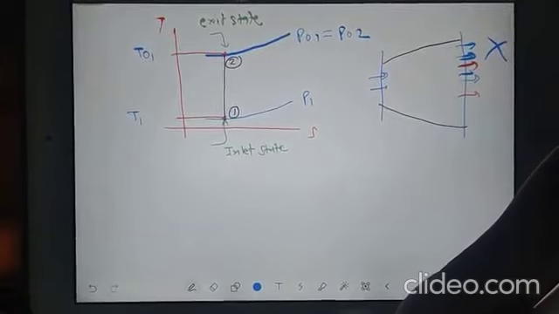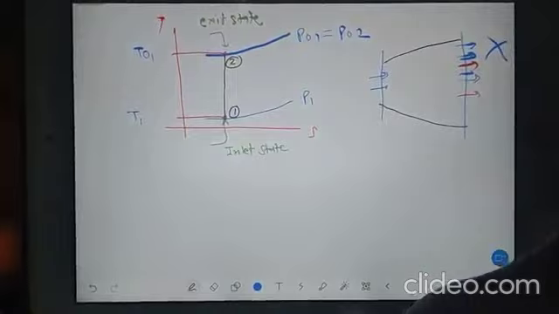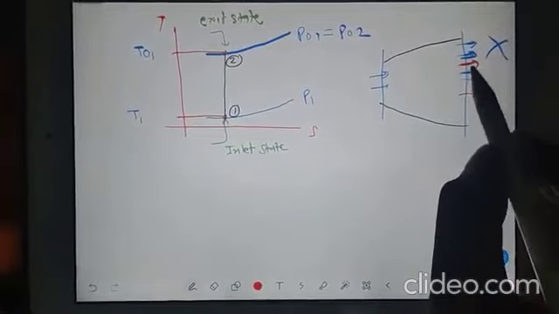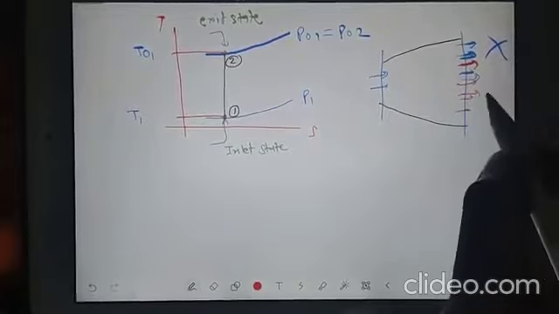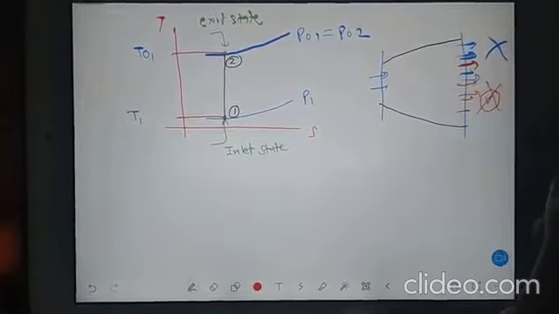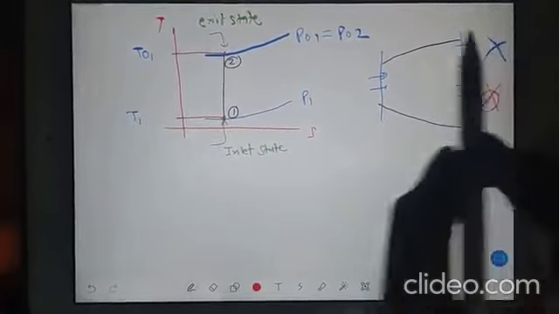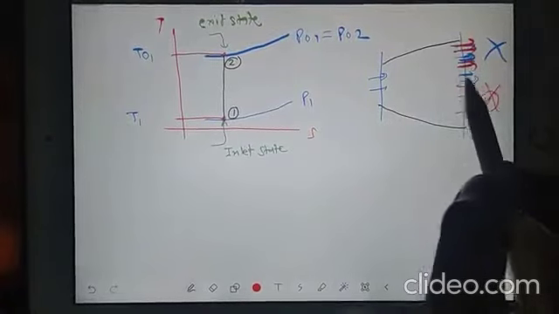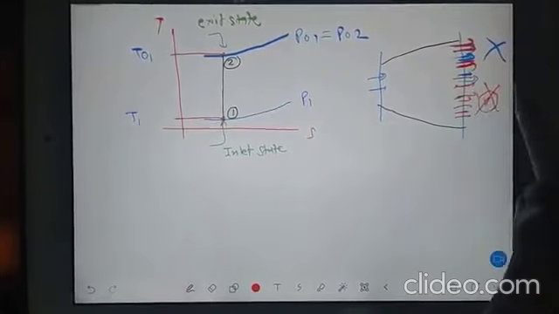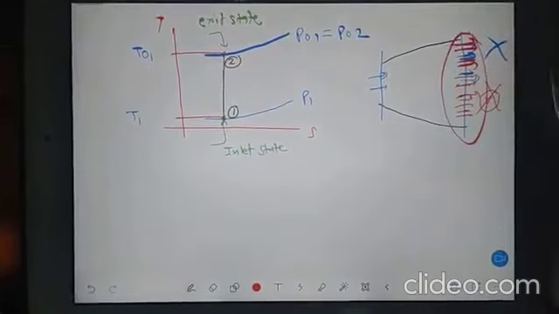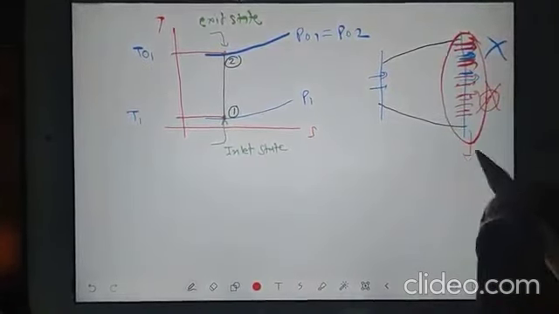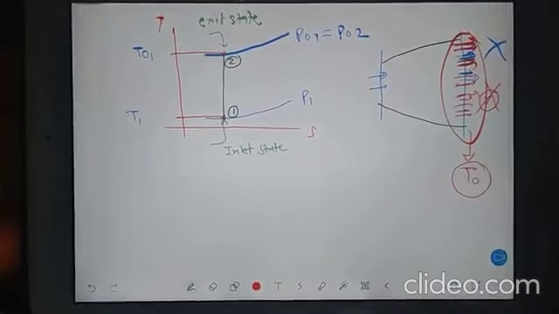Actual diffusers cannot do that. It means what? At the exit, you should not be having any velocity remaining, because we want to bring the entire flow completely stagnant. That's why at the inlet, whatever temperature will be remaining, that will be your total temperature.